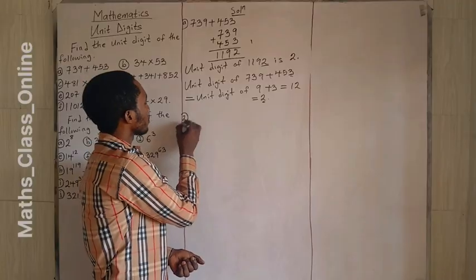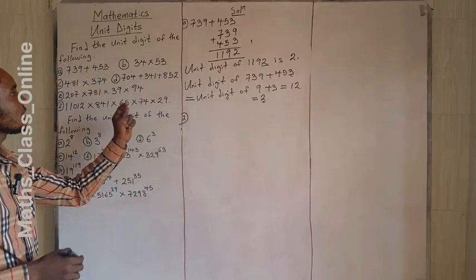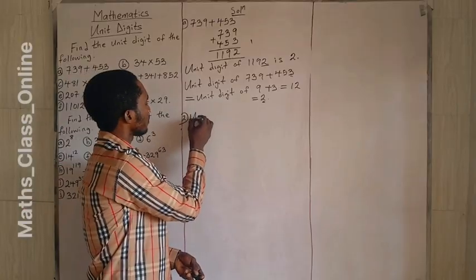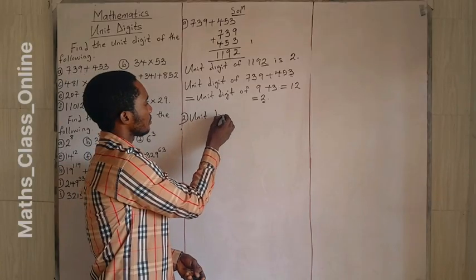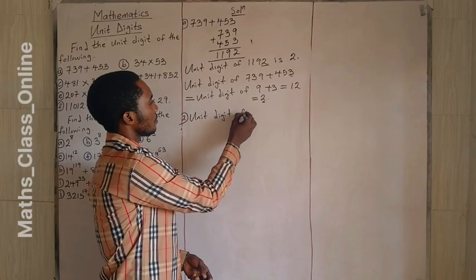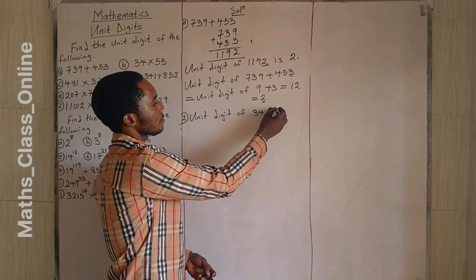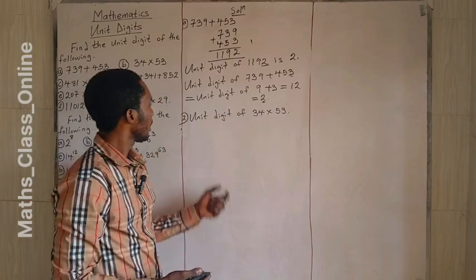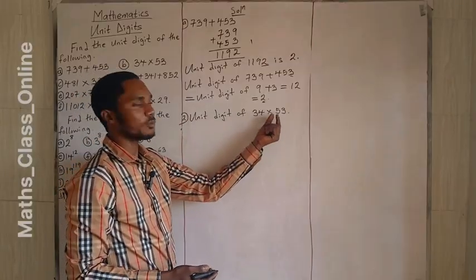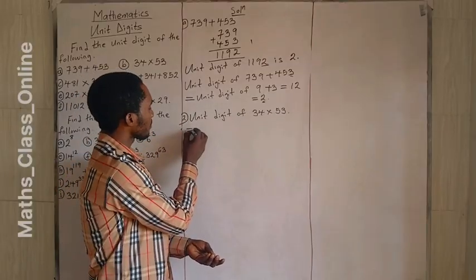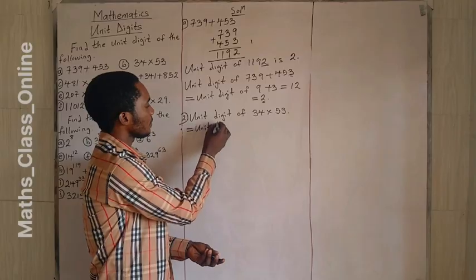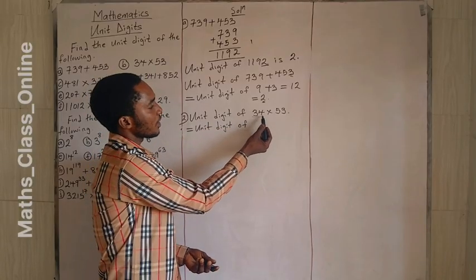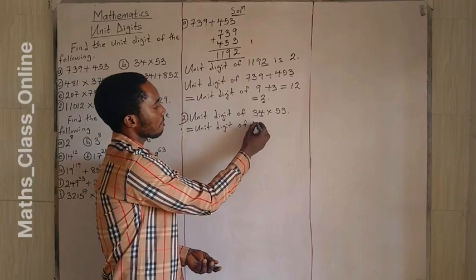Example 2. Unit digit of 34 times 53. We are going to use the second method. The unit digit of 34 times 53 is the same as the unit digit of, what is the unit digit of 34? That is 4.